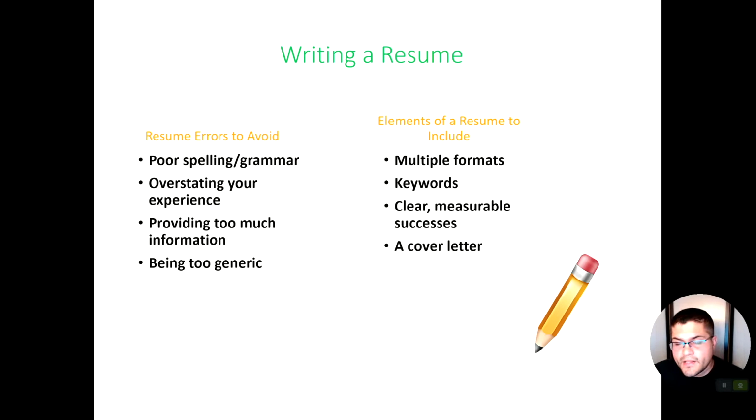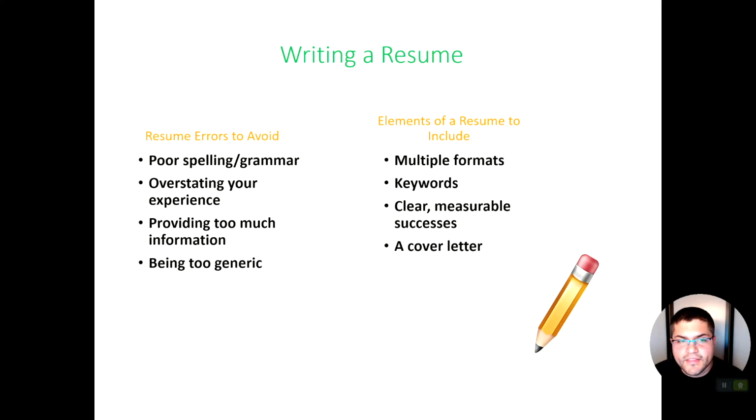So when writing your resume, you want to keep these in mind. Okay, so there's resume errors to avoid, and generally when you're writing your resume, you want to make sure that you avoid these items. So for example, resume errors to avoid: poor spelling and grammar, overstating your experience, providing too much information, being too generic.